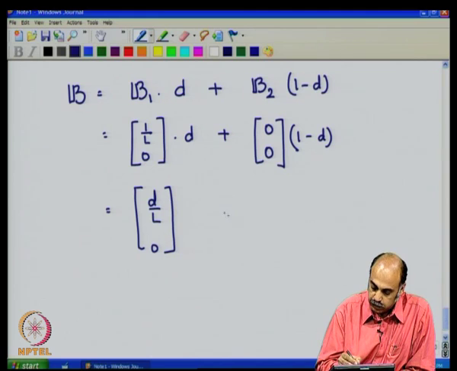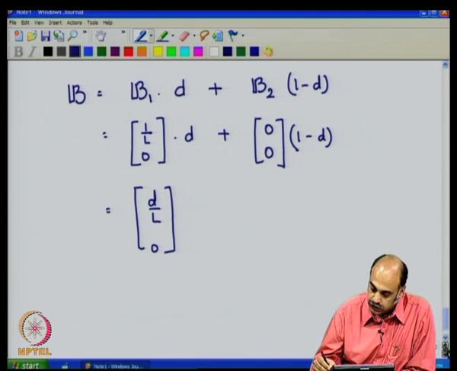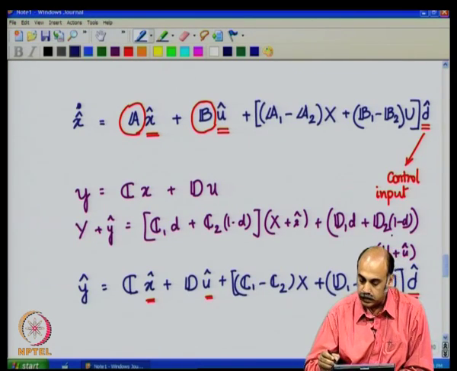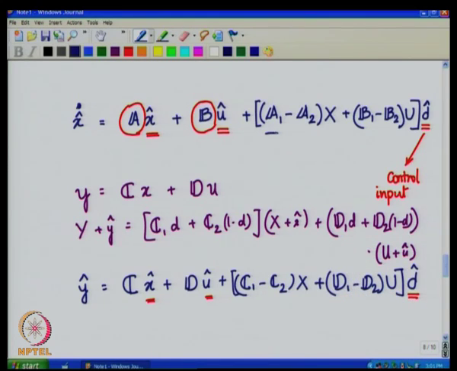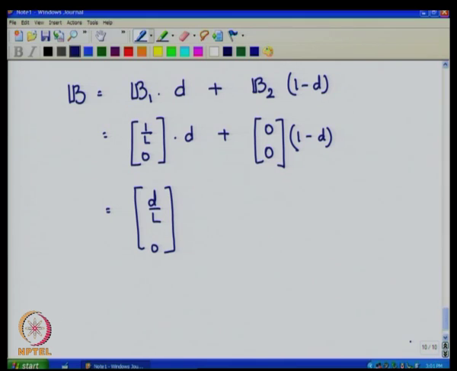because this gets split into two parts as we saw, and only the steady state part comes into the portion here. Only the steady state portion comes in here, and all these parts will boil down to only D by L and 0.